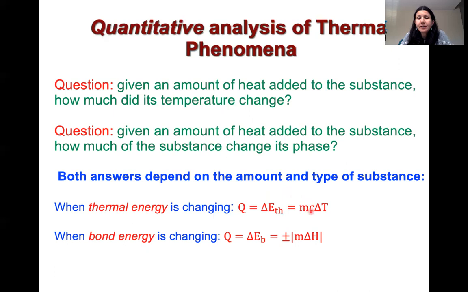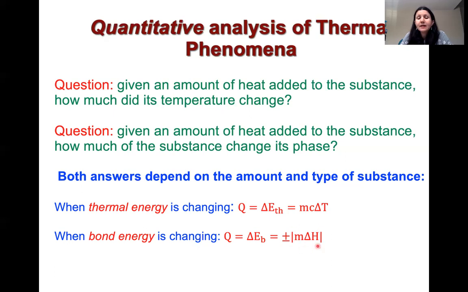Now this C, we will go into that in detail shortly. This is known as specific heat, and that's directly related to the type of substance we're dealing with. Now when bond energy is changing, that has to do also with the amount of stuff you have. So that's the mass.